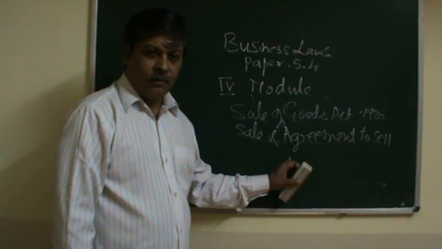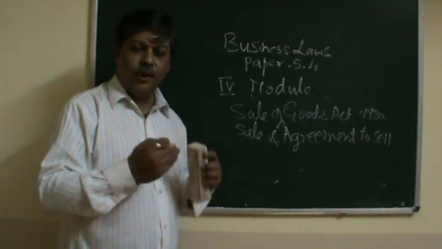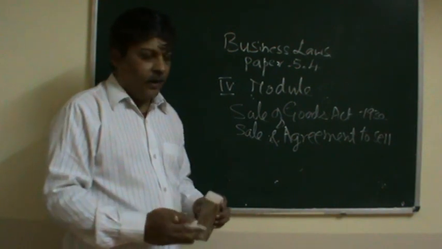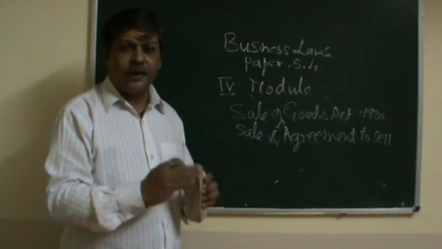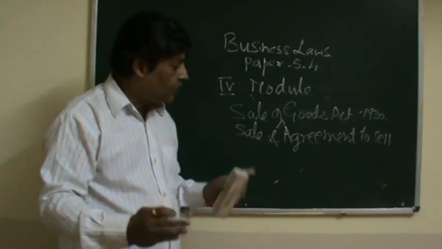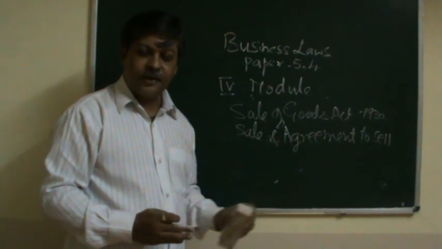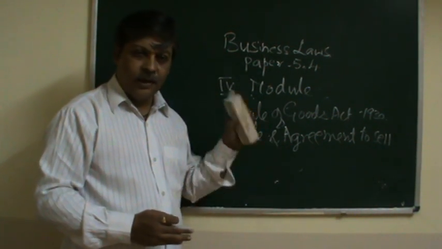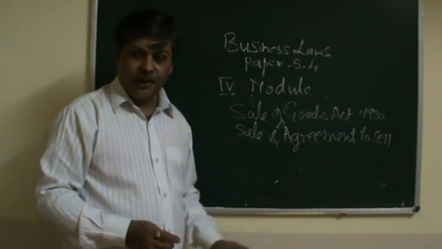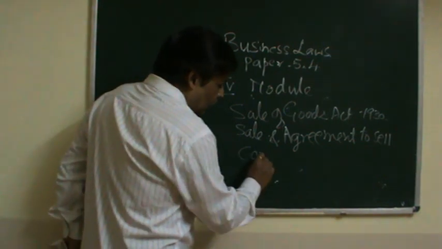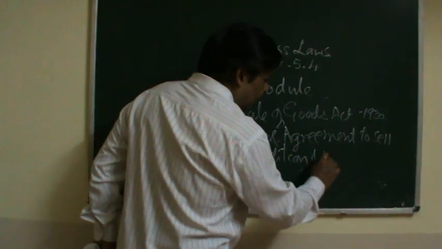Usually when we see sale, agreement to sell is also a part of sale, but there are certain distinctions. We are going to study those distinctions. First the definition and meaning of sale, then sale and agreement to sell, then the law relating to condition and warranty.